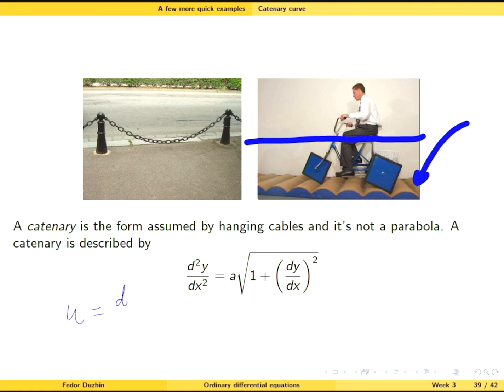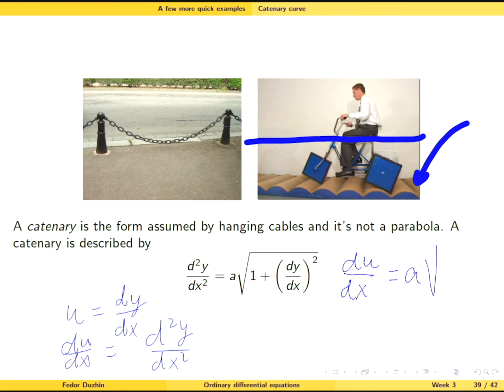If u is dy dx, then du dx is d2y dx2, and this equation becomes du dx equals a square root of 1 plus u square. This is also a separable differential equation, so we can try to solve it and find the shape of the catenary curve explicitly as a function of x.